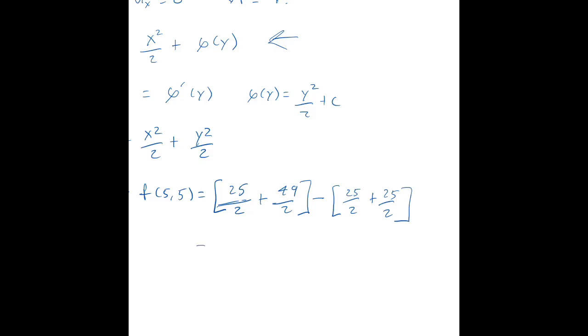The 25 over 2's cancel, so we have 49 over 2 minus 25 over 2, and that is 44 over 2, which is equal to 22.